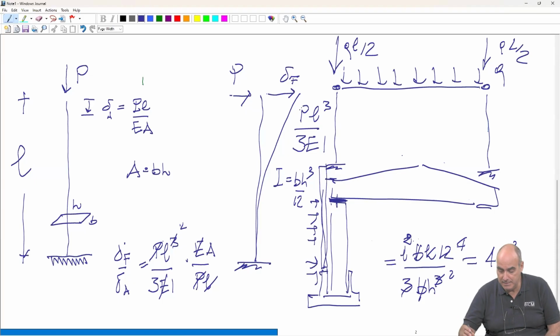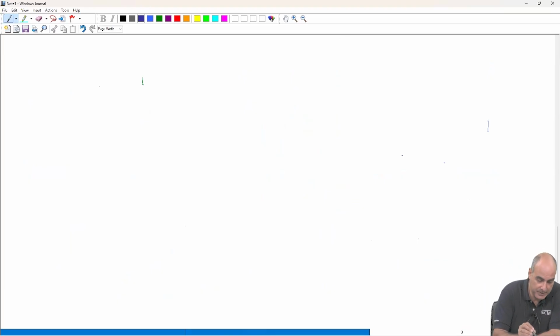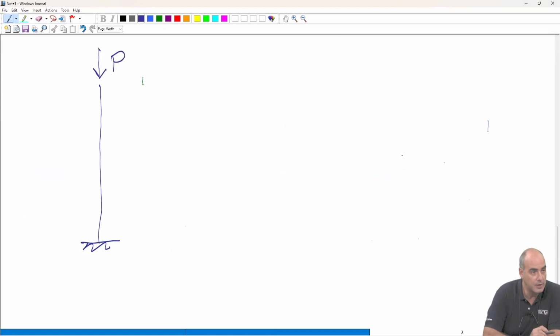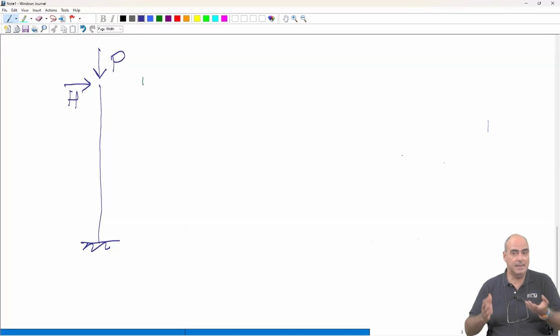So now let us imagine that same column is subjected not only to an axial force, but also to a lateral force, H. Well, it can happen that at the same time you have the self-weight and the wind.